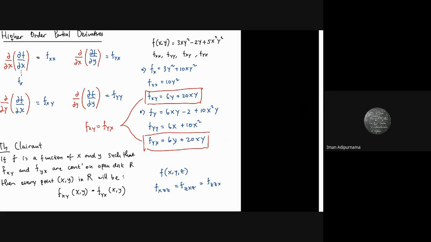As long as the combination is the same, 1 x and 2 z, they are equal. Maybe also fyzz, fzyz, fzzy are similar. They will have equal values. Okay, that is the higher order of partial derivatives.